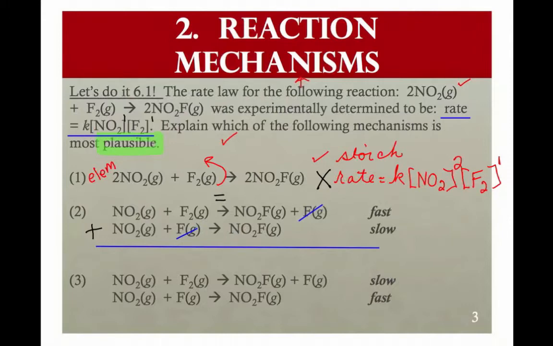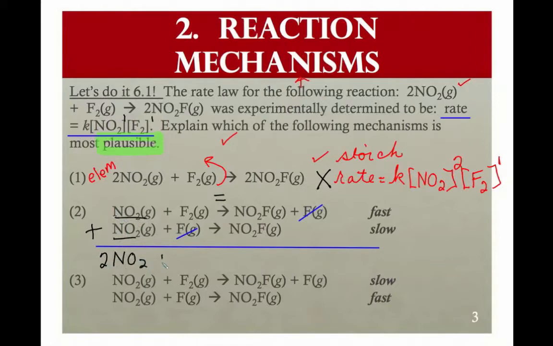It cancels. In other words, there's no net involvement of that fluorine. I have a special name for it we're going to come to in just a minute. Now, once you've crossed off everything that's alike on both sides, you simply bring down what's left.